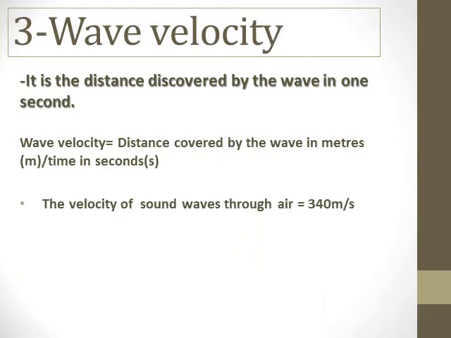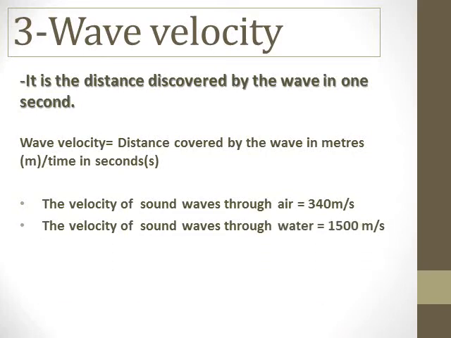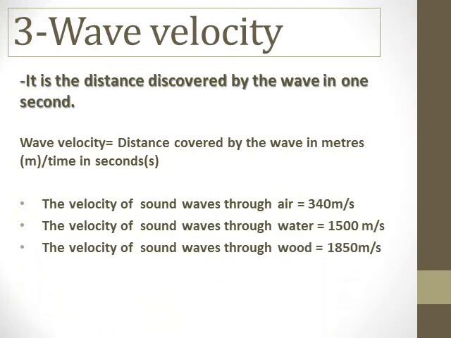The velocity of sound waves through air equals 340 meter per second. The velocity of sound waves through water equals 1500 meter per second, and finally the velocity of sound waves through wood equals 850 meter per second.